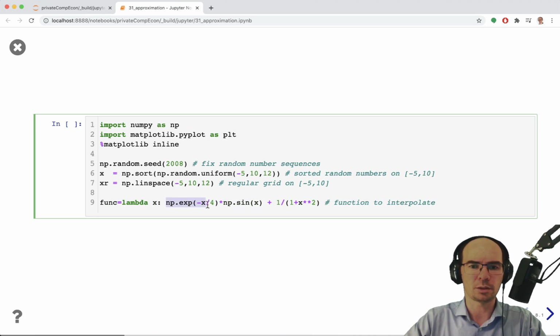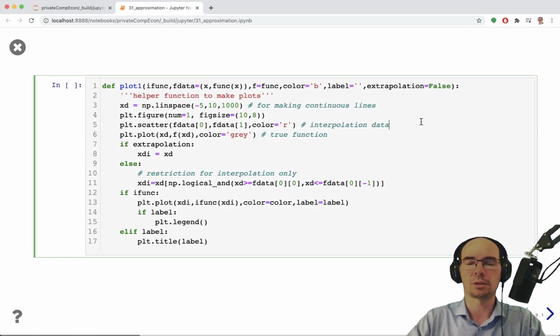You can see that this is the exponent times the sine, so it's going to be a somewhat periodic function. And there's this additional component, which is the inverse of 1 plus x squared. This is not a very simple function to work with. And we'll see differences between different approaches to interpolation or function approximation.